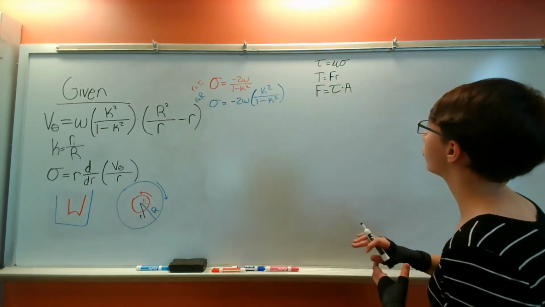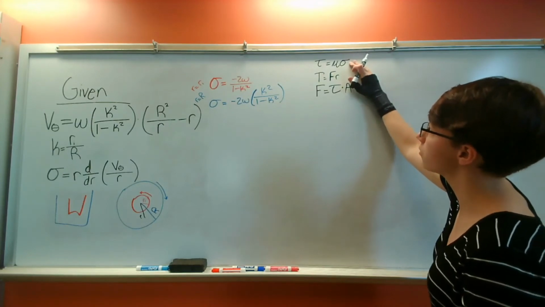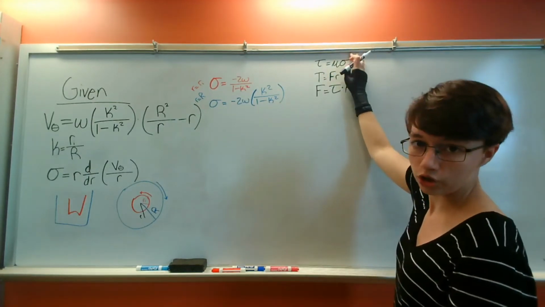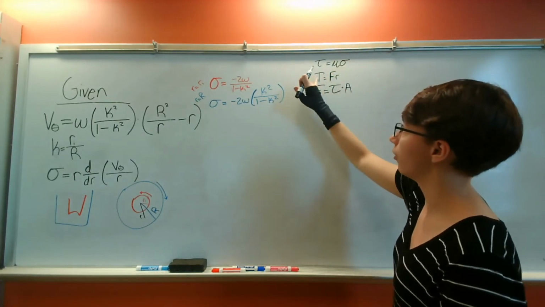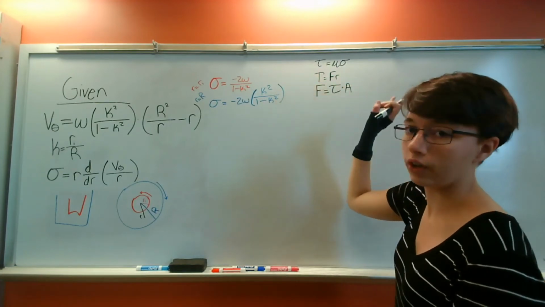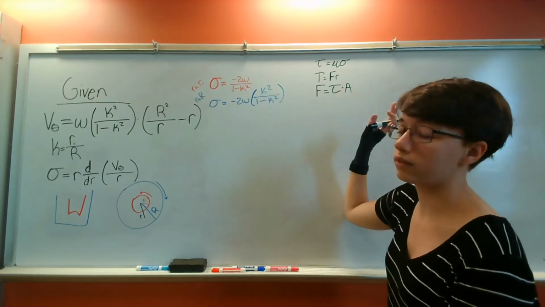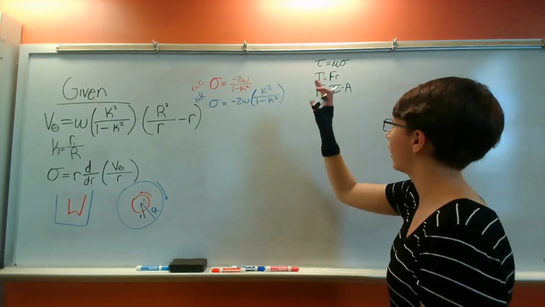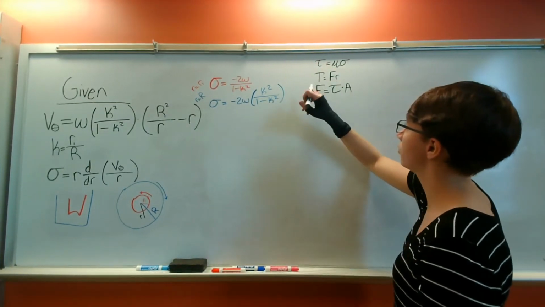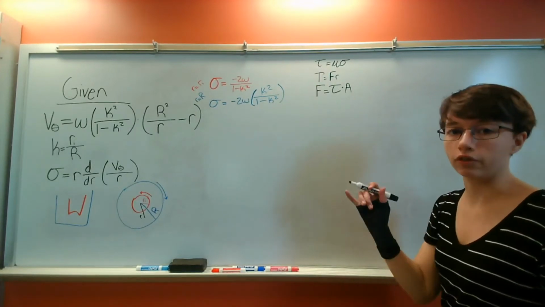So the first, we have that the shear stress is the viscosity times the shear rate. We also know that torque is the force times radius, and we know that force is shear stress times area. And so we can combine all 3 of these to get a general relationship for torque.